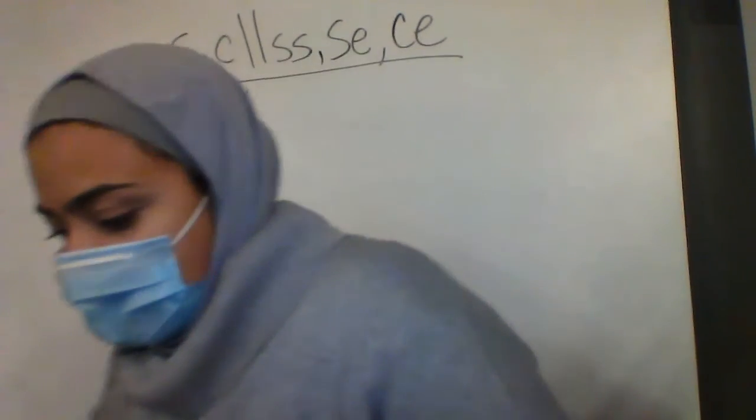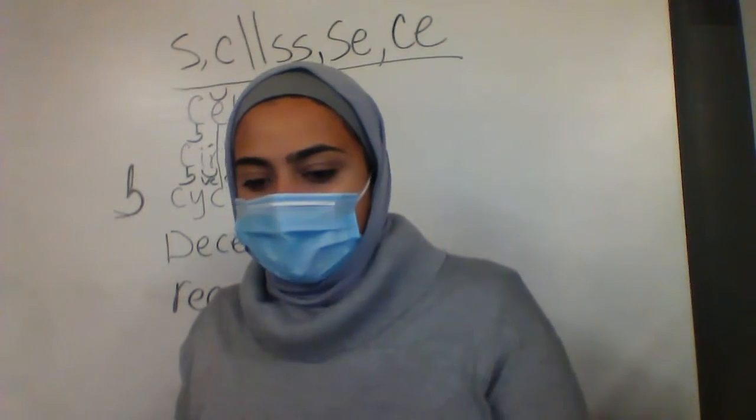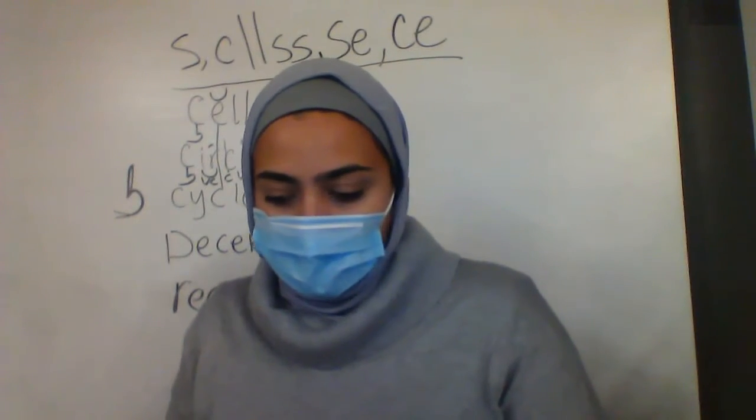You're going to write this down on the line next to new sounds and words, next to number 7. You ready? Next to number 7, please write that response down. We're going to say it together, okay? Let's say it together. S, C, final S, SE, CE. Very good.